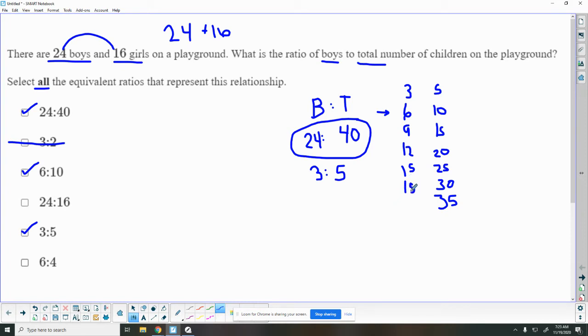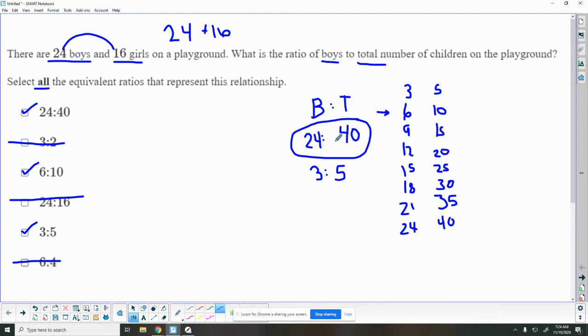So 18, there we go, 21, 24, and 40 should be matched up because that's what the problem was. Sorry. So 24 and 16 are not an option, and 6 and 4 are not an option. So 24 and 40, 6 and 10, 3 and 5. And all of those I can see in this list of equivalent ratios.